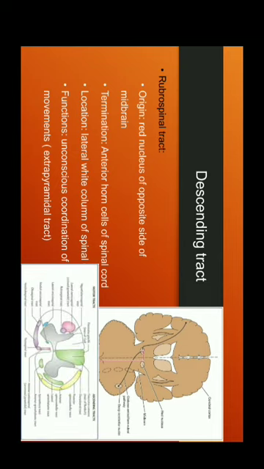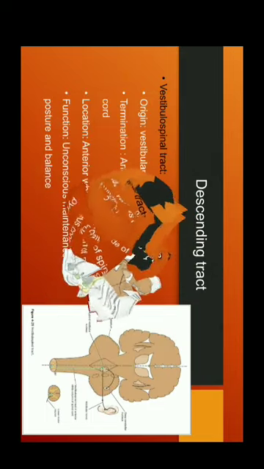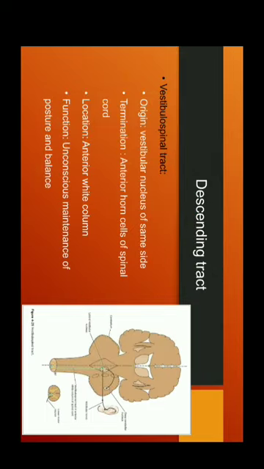Let us move ahead with the next tract, the vestibulospinal tract. The vestibulospinal tract takes origin from the vestibular nucleus of the same side. So here, this is the vestibular nucleus. It is present in the floor of the fourth ventricle, which is in the region of the pons and the medulla.